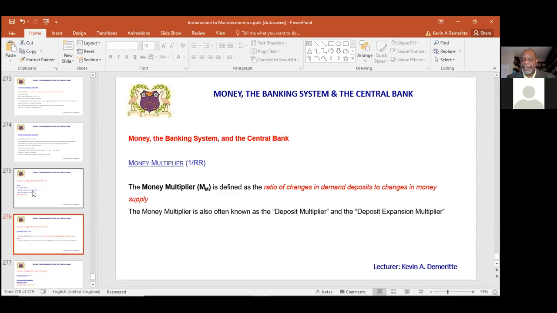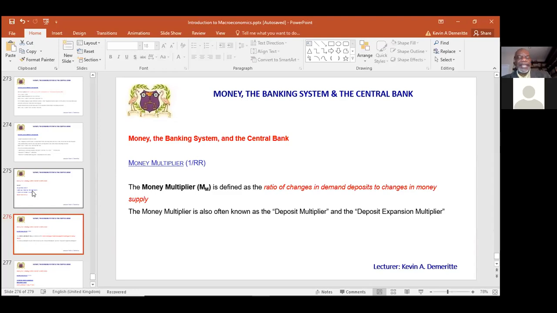The money multiplier is defined the same way we define the other multipliers. The money multiplier is the ratio of changes in demand deposits to changes in the money supply. You may often see the money multiplier written as the deposit multiplier or the deposit expansion multiplier. It all means exactly the same thing.